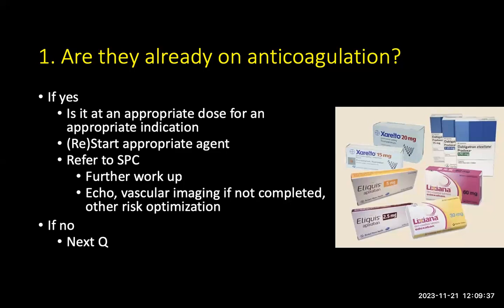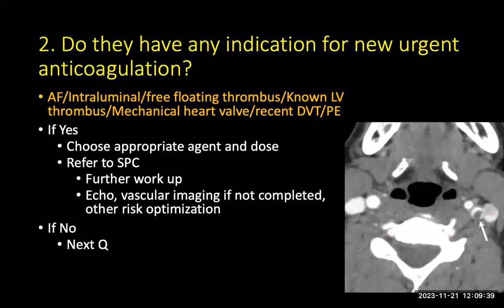However, if they're not already on anticoagulation, you ask the next question, which is, do they have any indication for new urgent anticoagulation? Say they come in to emerge, you do an ECG and you find new AFib. Or you have a CT angiogram that you ordered for the carotids which suggests that he has a free-floating thrombus in his carotid. He's gone back to his baseline, there's no stroke on the CT, but he has new free-floating thrombi in his carotids.